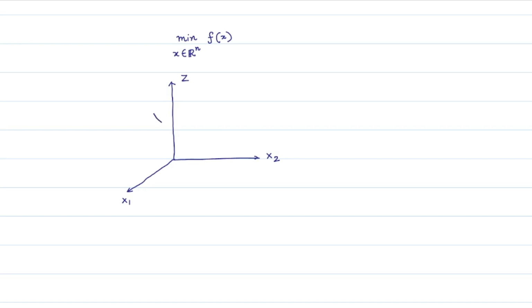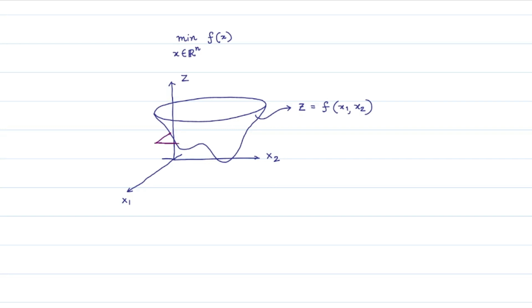Let's suppose the surface of the function z equals f(x1, x2) is this surface, and in the x1 x2 plane the level curves of this function are given by the projection of the curve of intersection of the plane z equals some value, say c, with the surface z equals f(x1, x2).